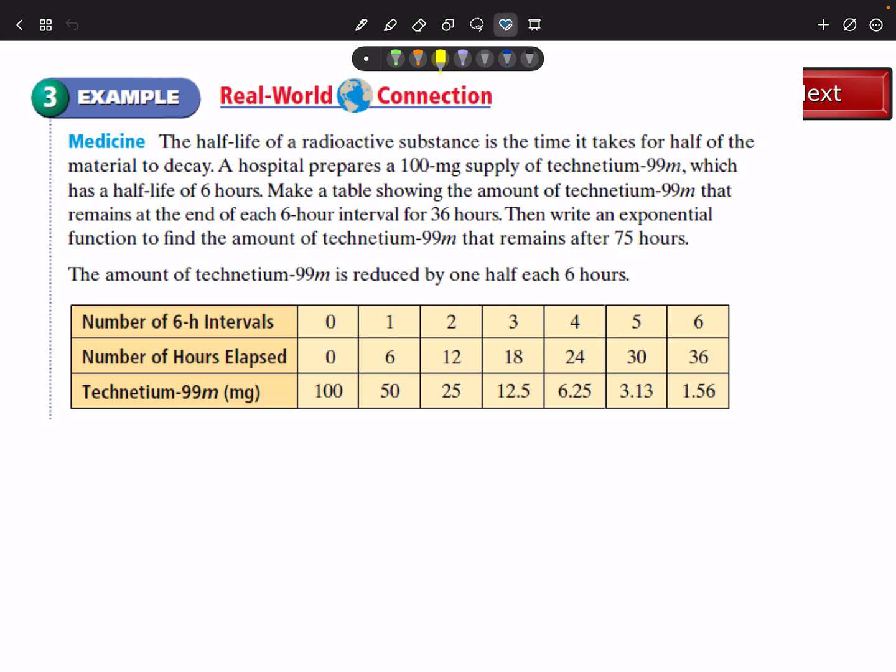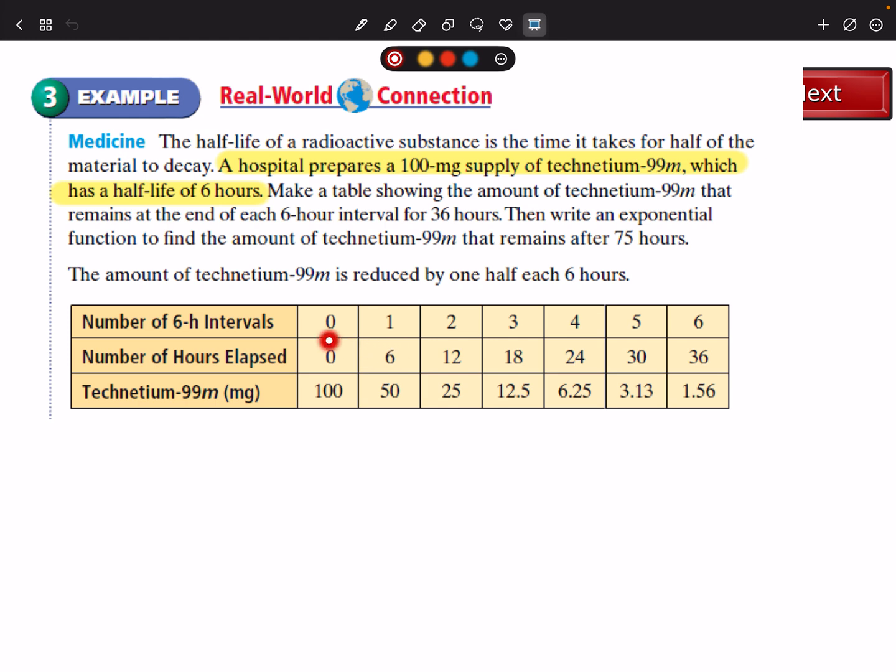So what that means right there is if I've got 100 milligrams and there's a half-life of 6 hours, that means in 6 hours, my 100 milligrams will be reduced to 50 milligrams. 6 hours later, that 50 milligrams will be reduced to 25 milligrams.